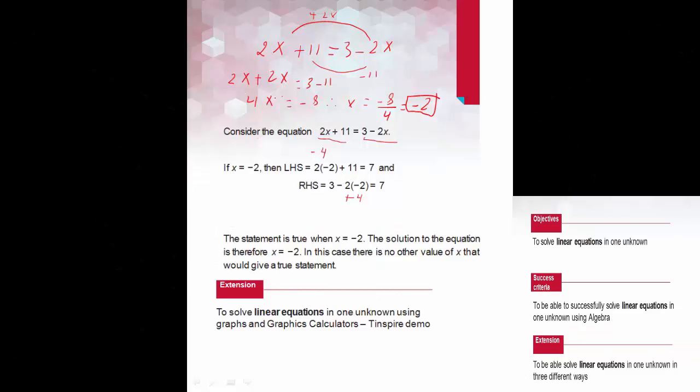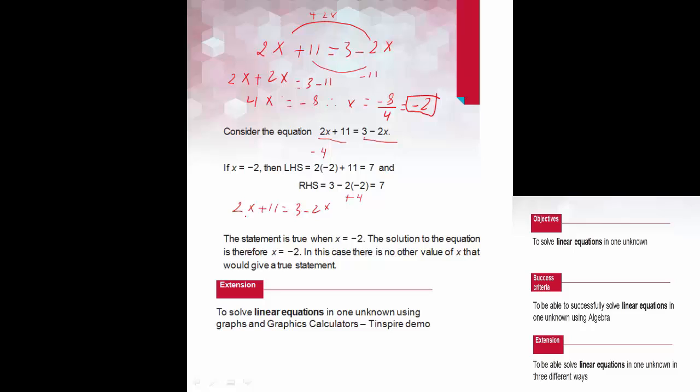Okay, now the other way of doing this, we'll do it here. If we say 2x plus 11 equals 3 minus 2x, what we need here is to get rid of terms. Well, you can get rid of them from one side or the other.